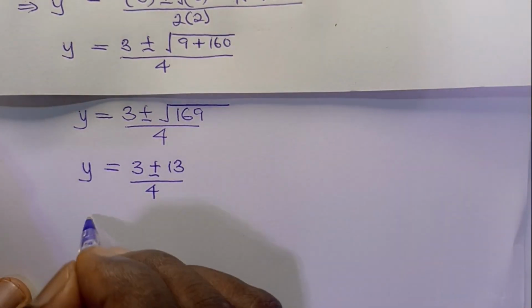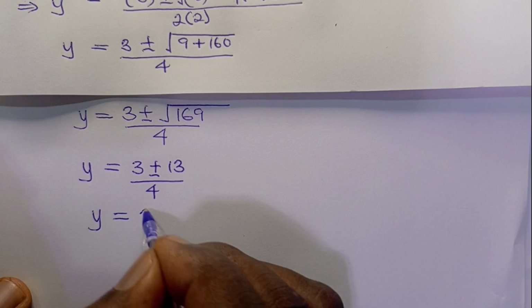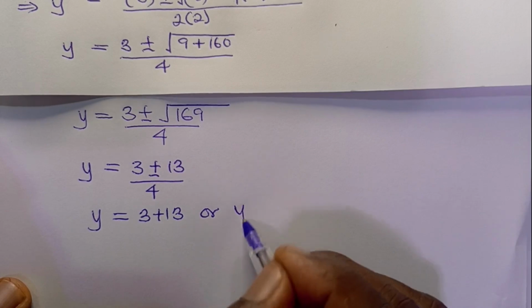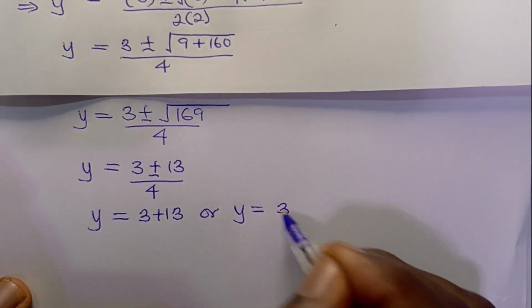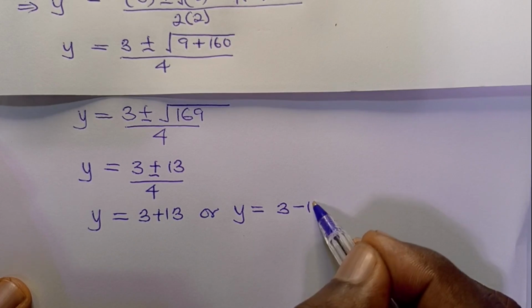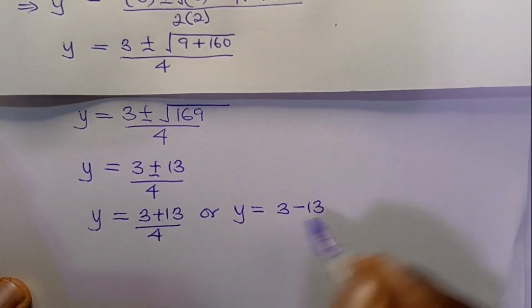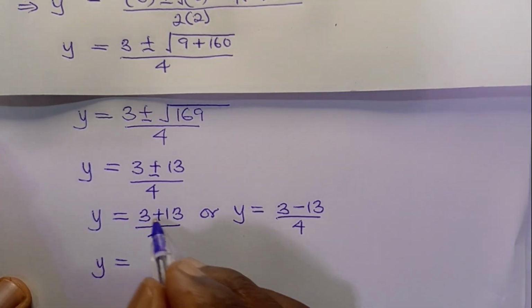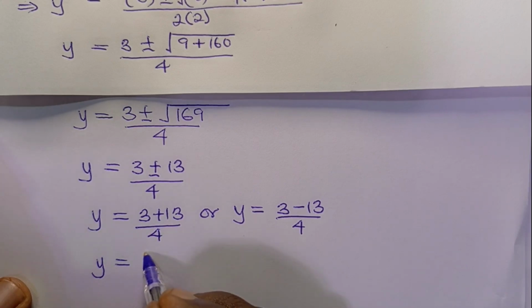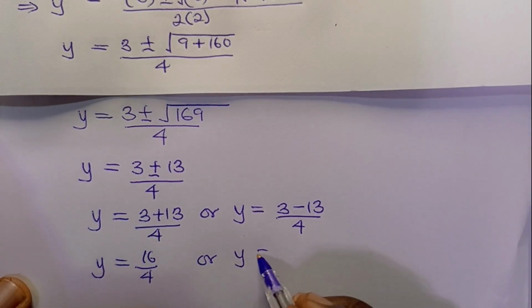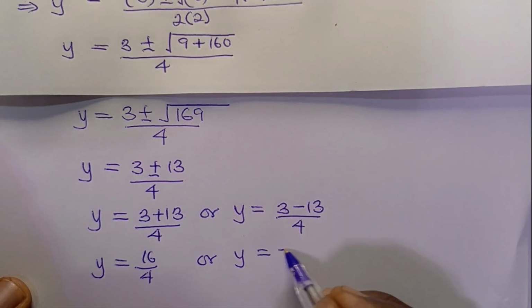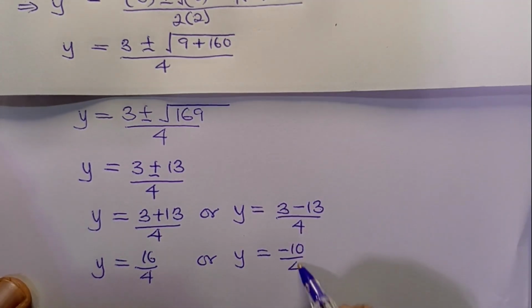So we have y equals 3 plus 13, or y equals 3 minus 13, divided by 4. So we get y equals 16 over 4, or y equals −10 over 4.